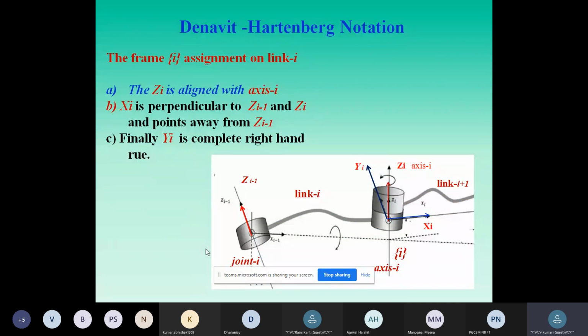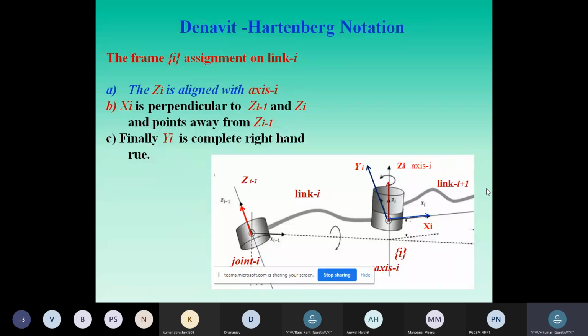Now come to frame attachment. I have already told that manipulators are combinations of links. Suppose that this is link i, this is link i plus 1, and previous here link i minus 1. Okay. So how will we attach the frames?